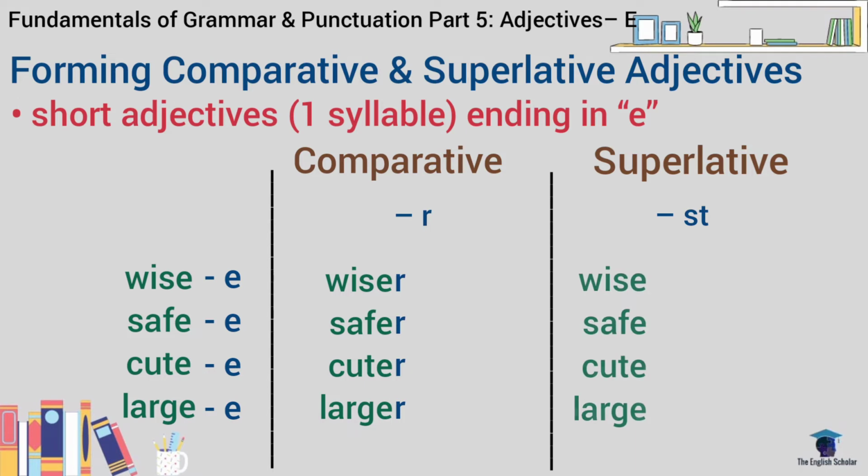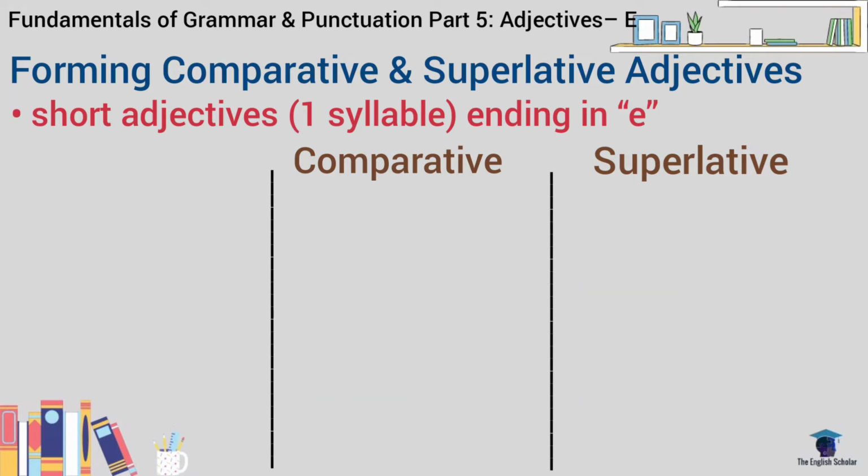To form a superlative adjective, we just add ST. So wise turns into wiser for comparative and wisest for superlative. And then safer, safest, cuter, cutest, larger, and largest.